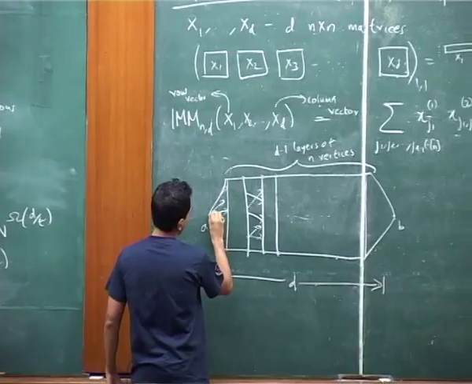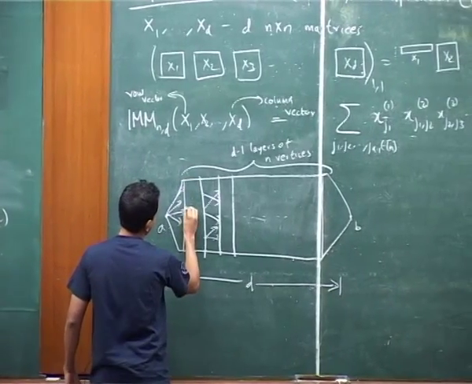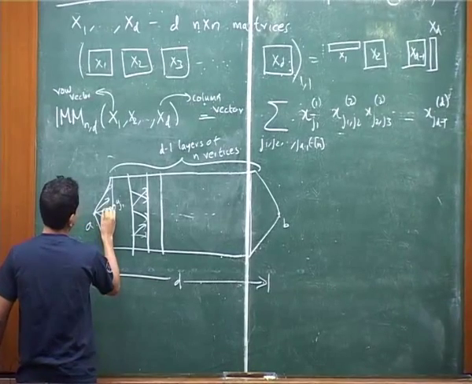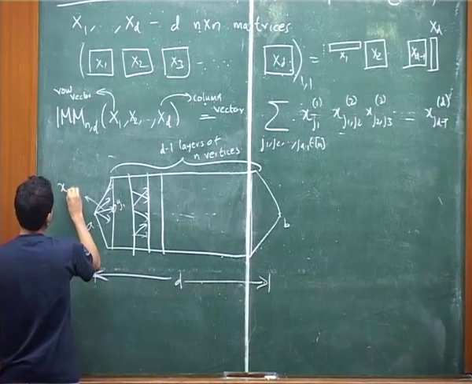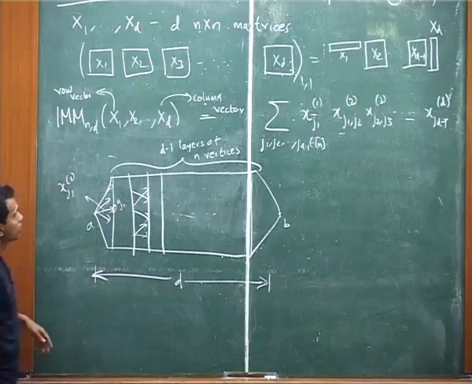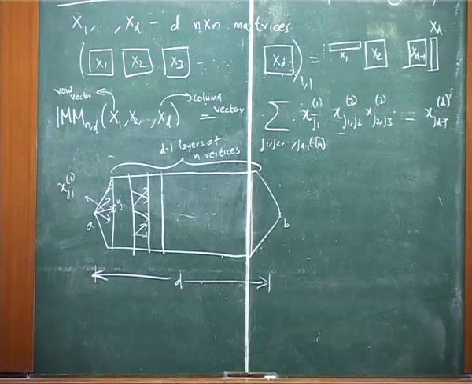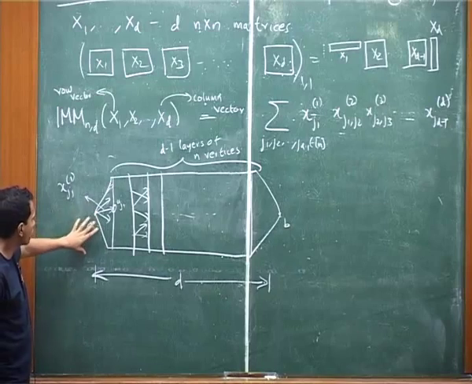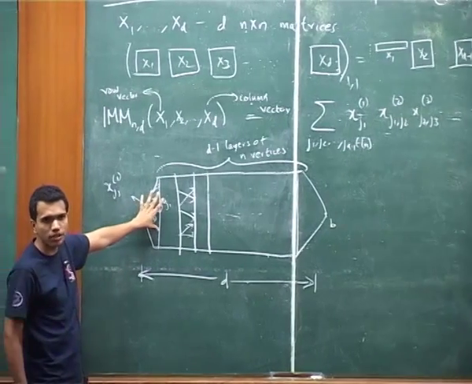So from the vertex A to the j1th vertex here, let's say u j1, I'll just put in the weight x j1 1, the corresponding entry from the row vector x1. So that's the weight of the edge going from A to the j1th vertex in this layer.